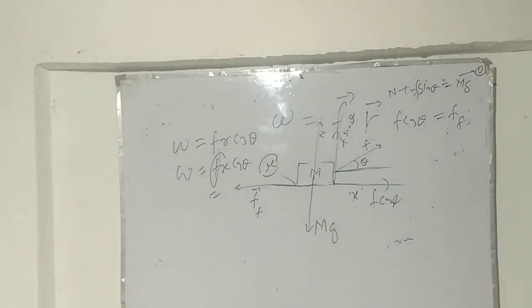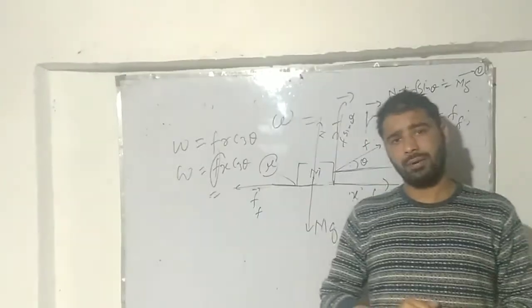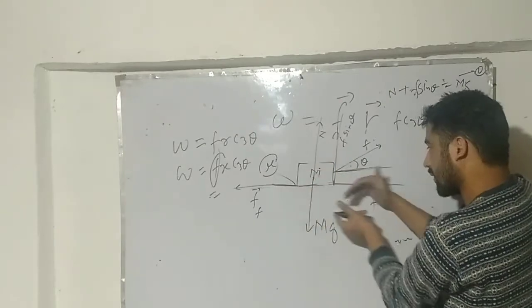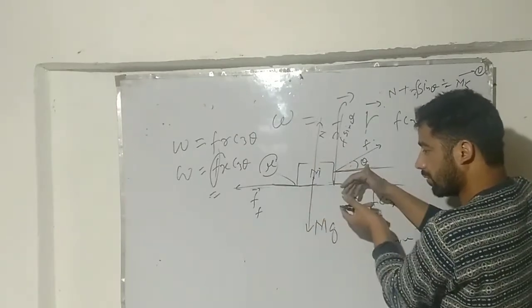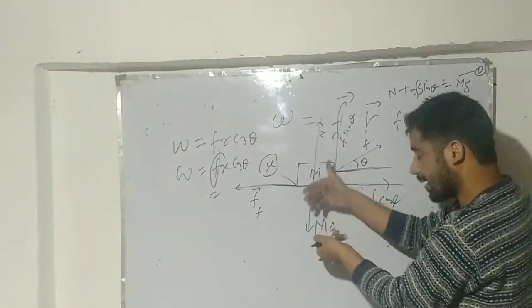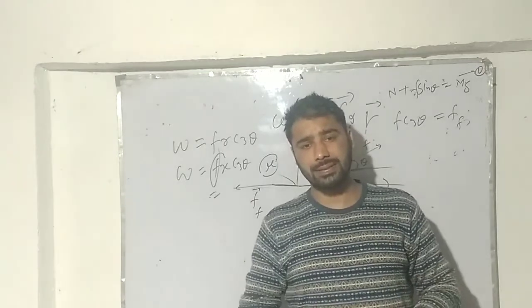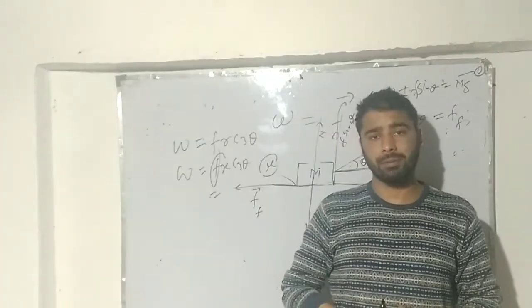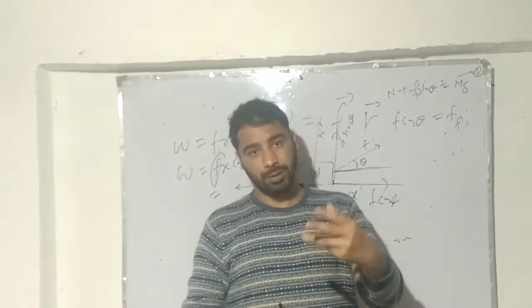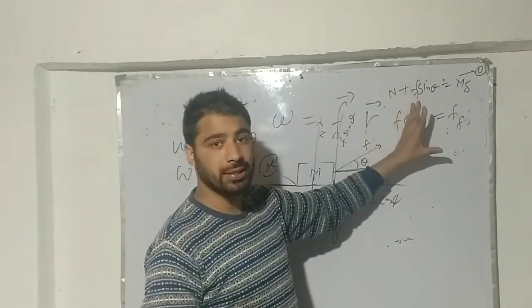Or I can look at the problem in one more way. If my block moves with a uniform velocity, that again represents what we call an equilibrium condition of the forces. But we can calculate the work done by this force by using this condition here.